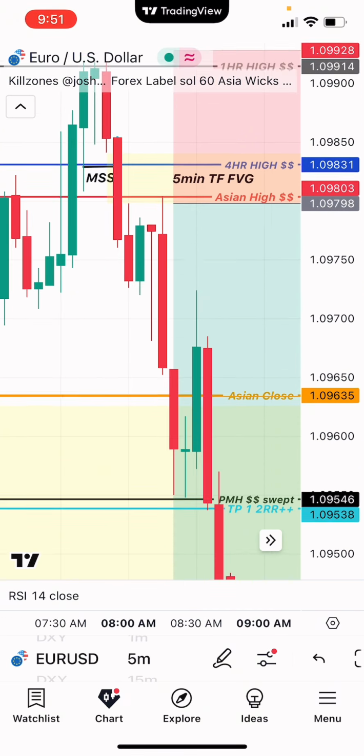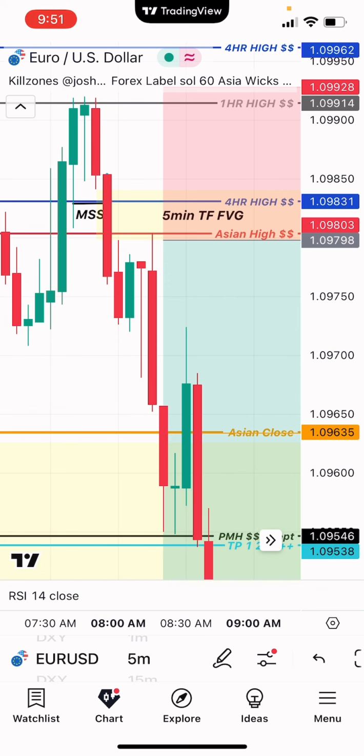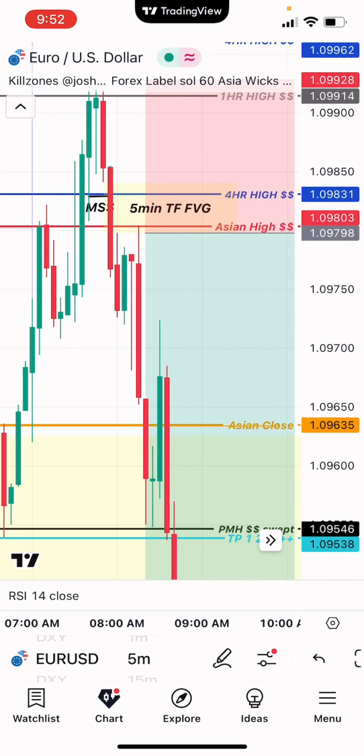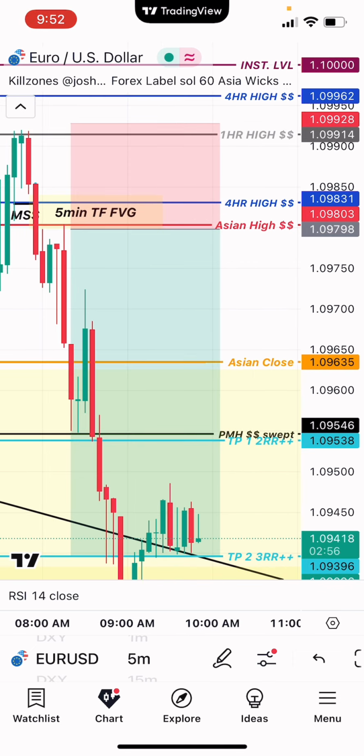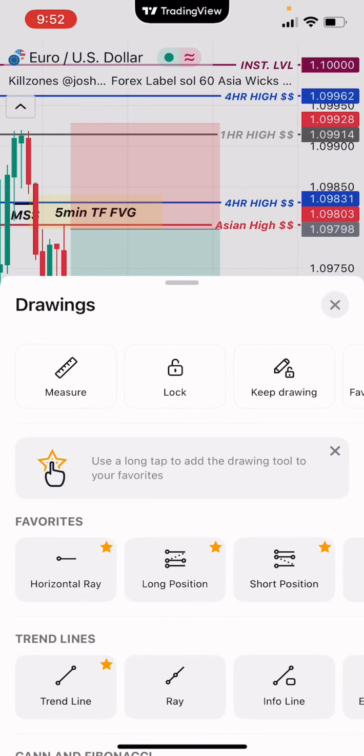So after marking out the 5-minute fair value gap, you can see my entry. You can see where I placed my entry.